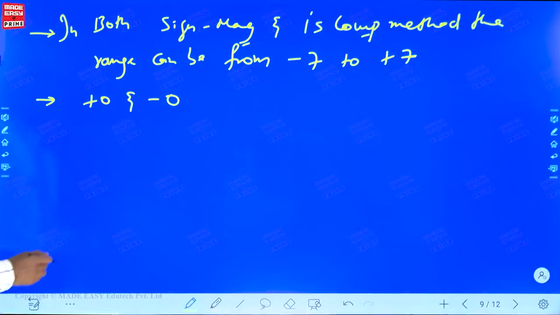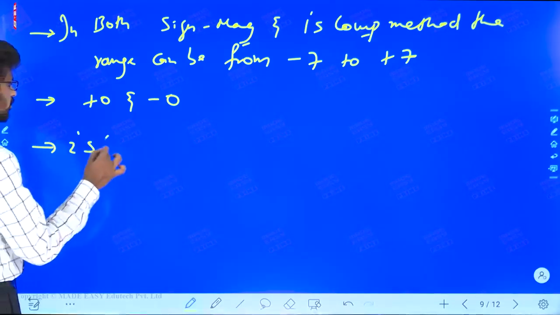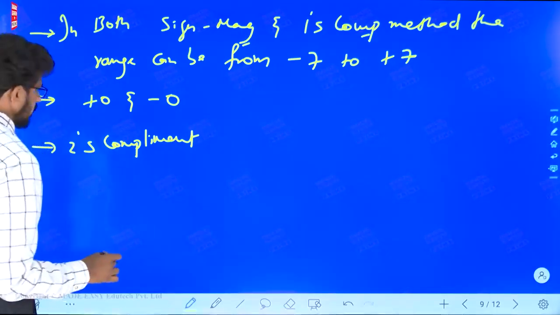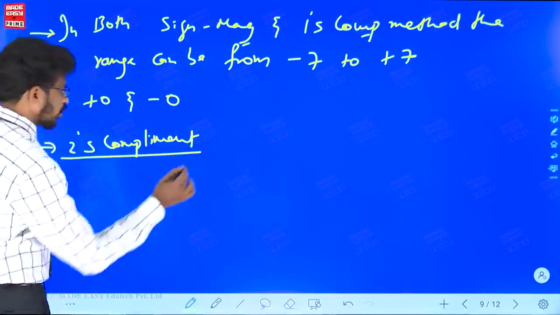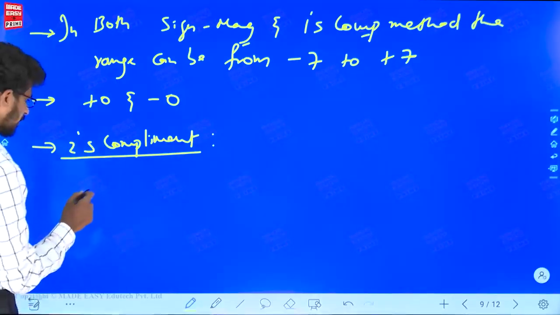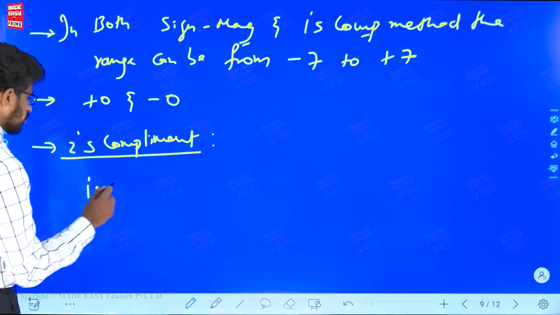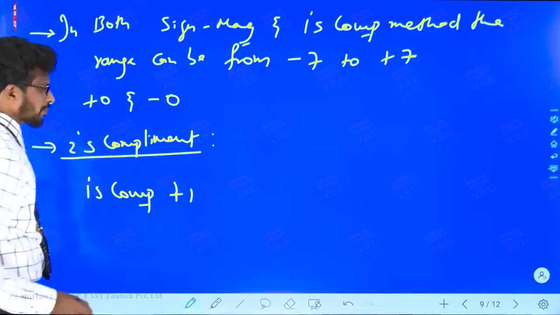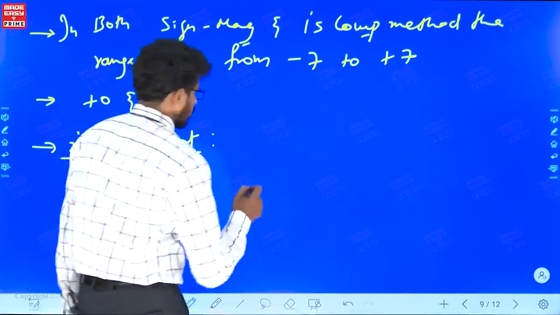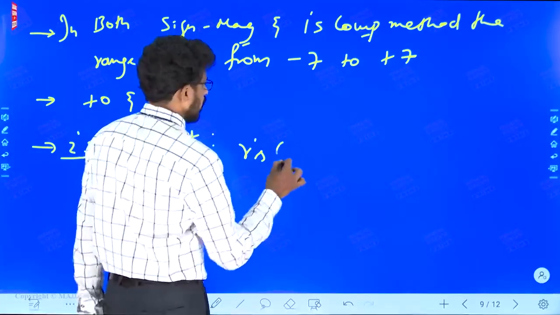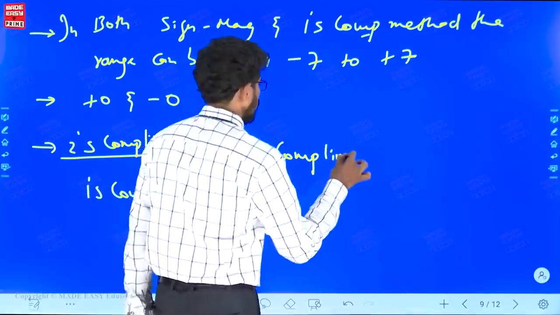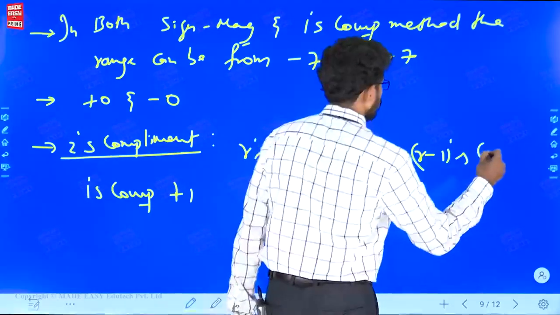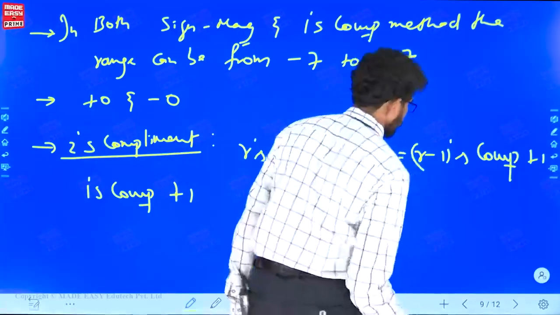But come to the third case. What is the 2's complement method? In the case of 2's complement, it is obtained by 1's complement plus 1. There is a generalized equation, very simple: R's complement is given as (R minus 1)'s complement plus 1.